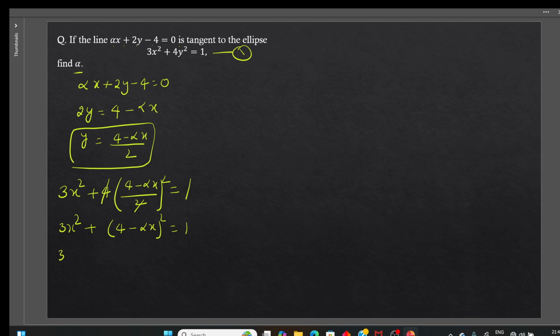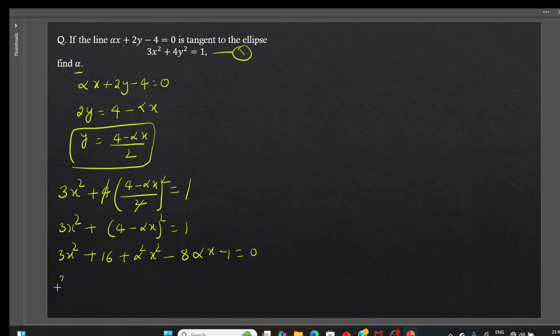Simplify this: 3x square plus it is in the form of (a minus b) whole square. So 4 square is 16 plus alpha square x square, since (a minus b) whole square is a square plus b square minus 2ab. So 2 into 4 is 8, minus 8 alpha x is equal to 1. Transform the 1 to the left hand side, it becomes minus 1, equal to 0.